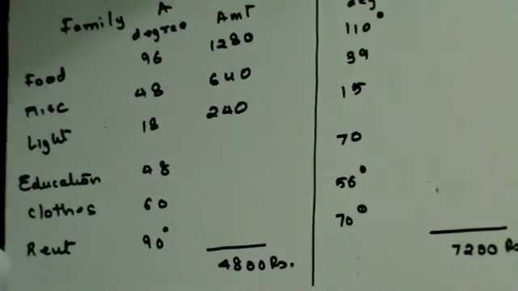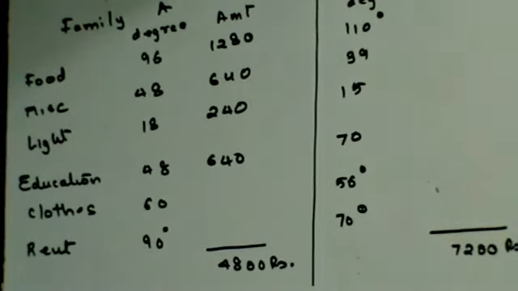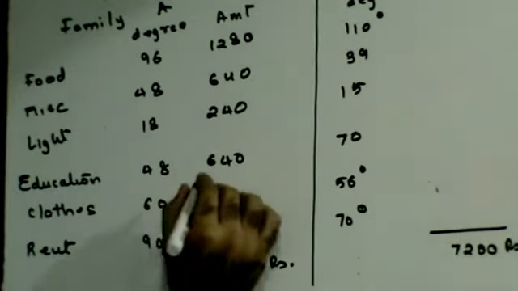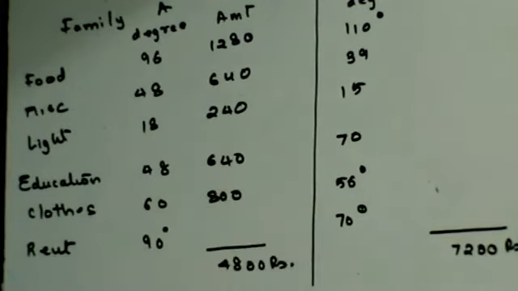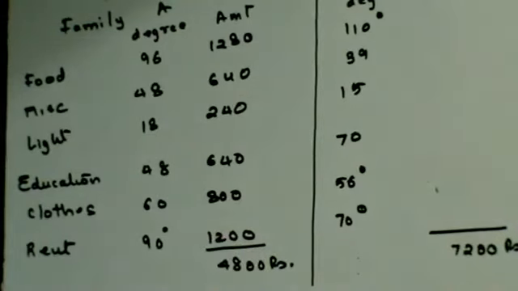Education is 48 divided by 360 into 4,800, which would come to 640. Then you have clothing, which should be 60 divided by 360 into 4,800, which would come to 800. Then rent is going to be 90 divided by 360 into 4,800, which would come to 1,200. So that's my actual expenditure of family A.